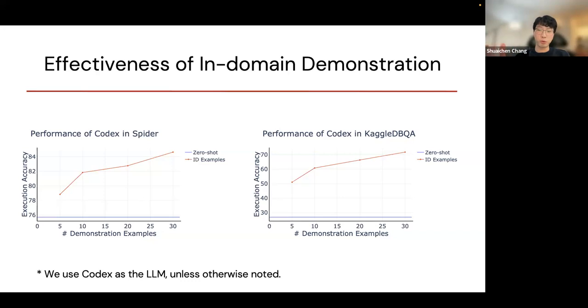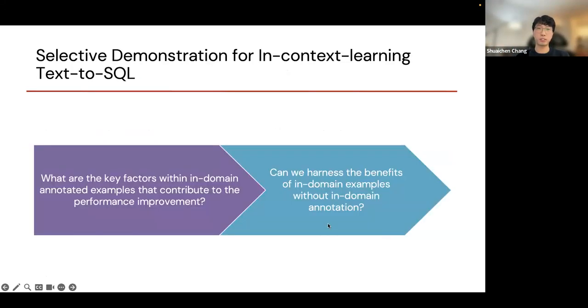So we want to know what the in-domain demonstration actually did here. The two questions we care a lot about are: what are the key factors within the in-domain annotated examples that contribute to the performance improvement? And second, can we harness the benefit of these in-domain examples without actually using the annotation?